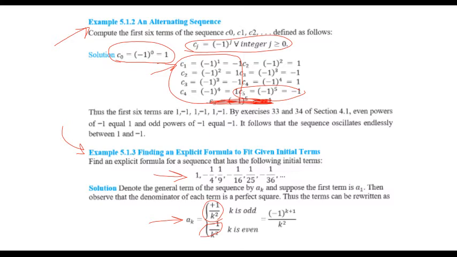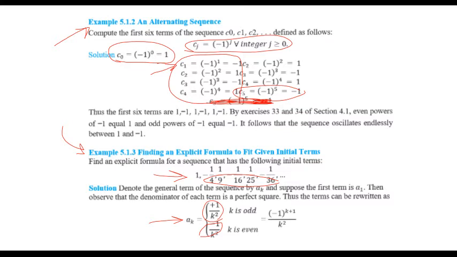The reason is, if you look at the denominators of all the given terms of this sequence, they are all perfect squares. So I conclude that the denominator should be in the form of k square, where k is an integer, right? And the numerator is positive 1 for terms with odd index, and is negative 1 for those terms with even index, right?